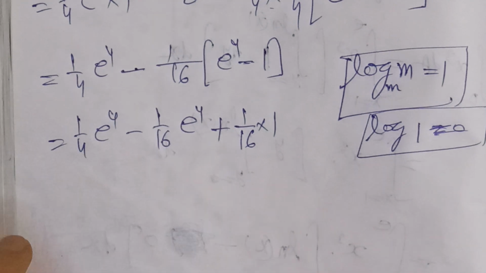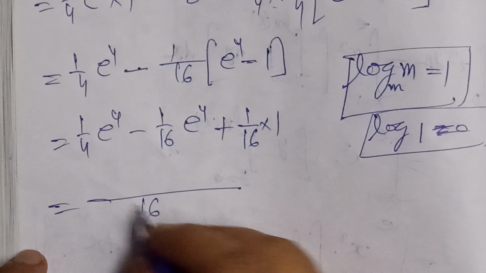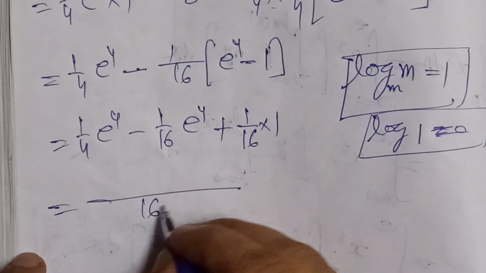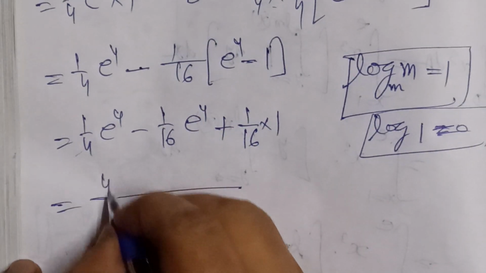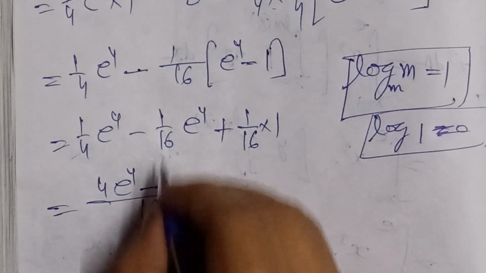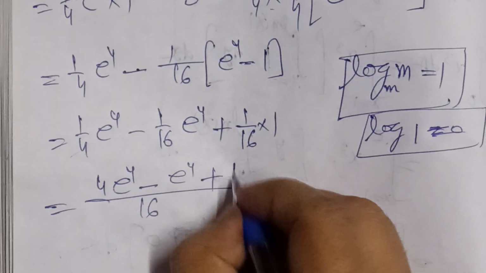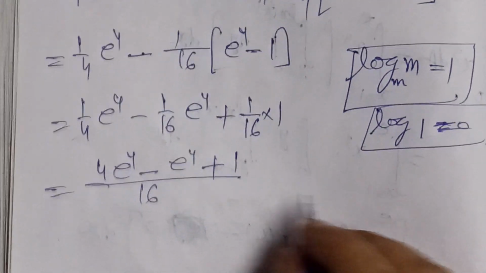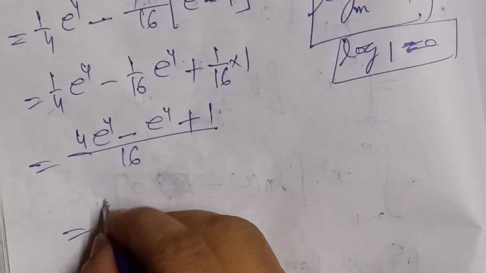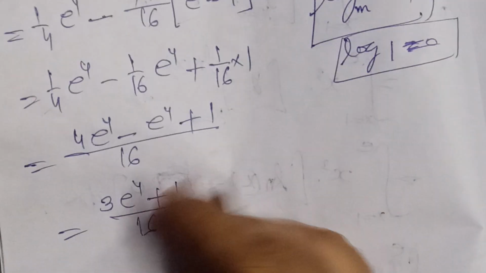Now take 16 as the LCM: dividing, we get 4 in the numerator, e to the power 4 minus, and 1 multiplied gives e to the power 4 plus 1 in the numerator. On solving, this value is (3e^4 + 1)/16, which was to be proved.